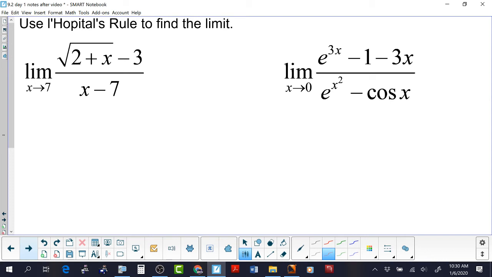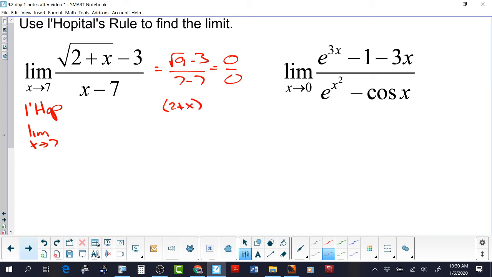All right, a little bit more practice. We have square root of 9 minus 3 over 7 minus 7. 3 minus 3 is 0 over 0. All right, so now we can use L'Hopital's. We checked. Limit as x approaches 7 of, let's see, this is 2 plus x to the 1/2 power. That's what that is right there. So the derivative is 1/2, 2 plus x to the negative 1/2, times the derivative of the inside, that's 1.